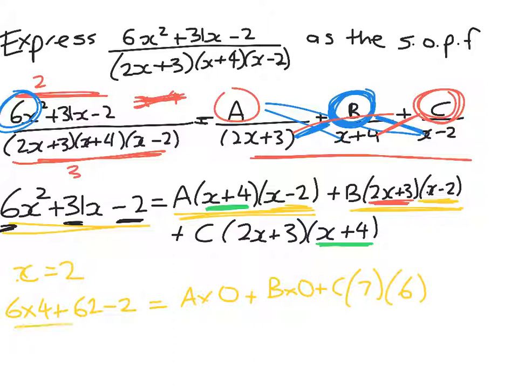So over here, this simplifies to 24 and 62, 86 minus 2, 84 equals 42c. So c is equal to 2. That was very nice and easy.